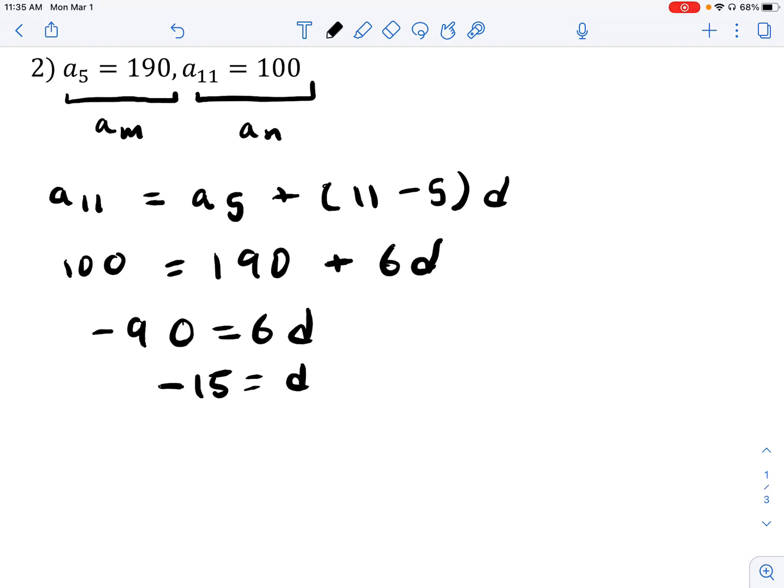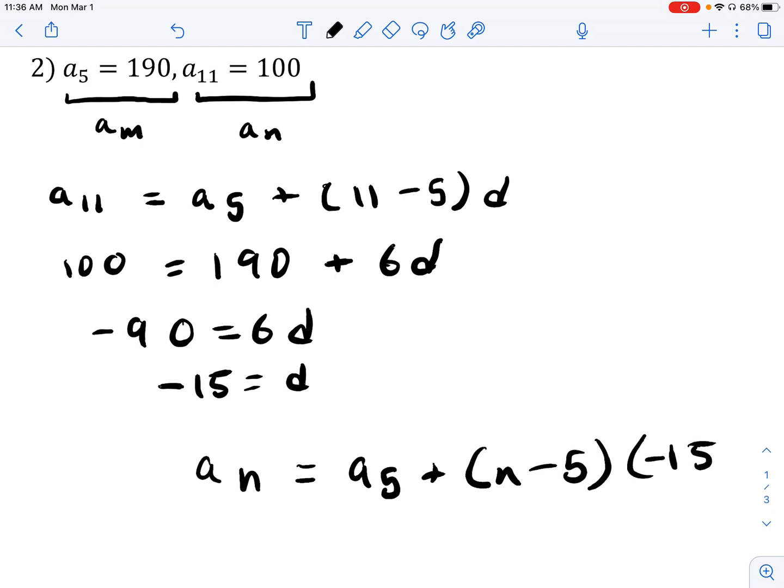So now let's come up with our general term. So a sub n now is equal to, and I can choose either one of these for our a sub m. Again, it doesn't matter, but instead of me having to try to figure out what my first term is, let's just go ahead and use a sub 5. So we're going to say a sub 5 plus n minus 5 times our common difference d, which is negative 15.